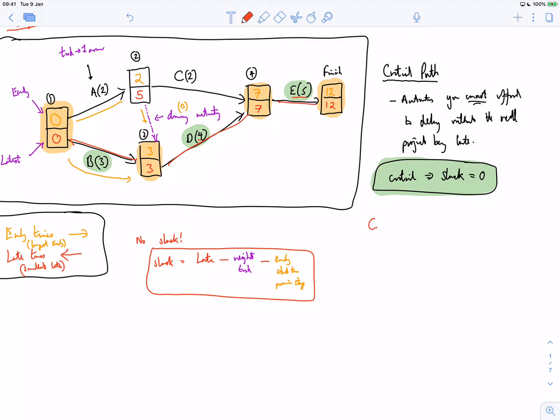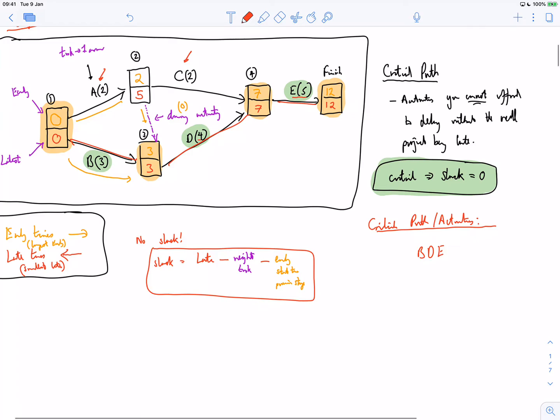So I would say the critical path or the activities are B, D and E. So in this case, the critical path or activities are B, D, E. Okay, now that means that you cannot afford to be late with any of the tasks B, D, E, and as long as you get those perfectly on time and you're within the slack of the other task, which is A and C, then you're totally okay.